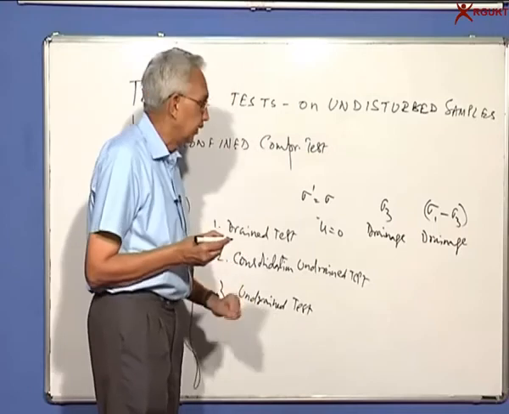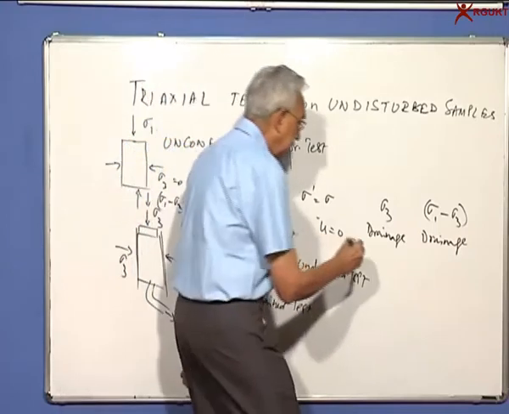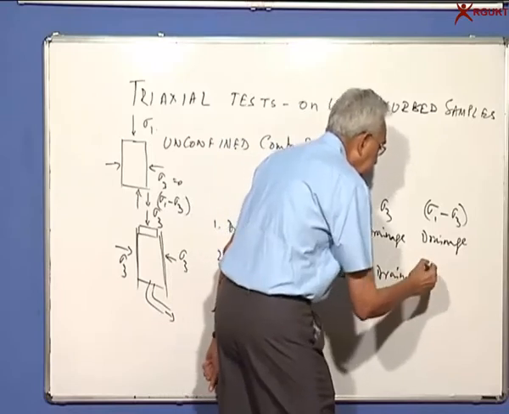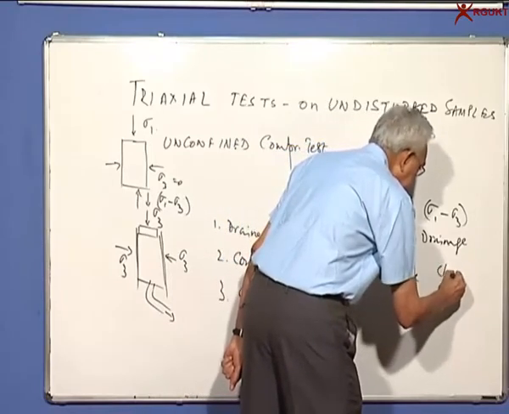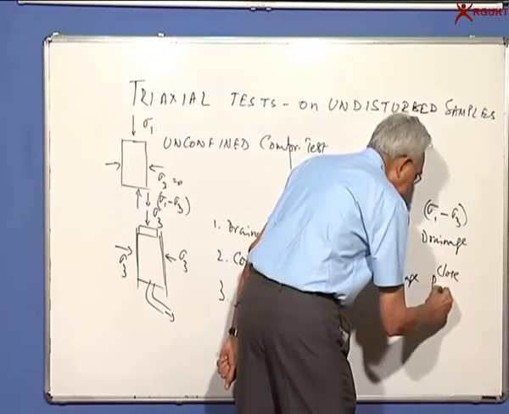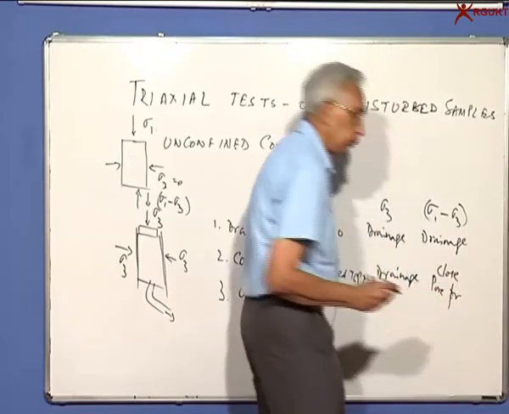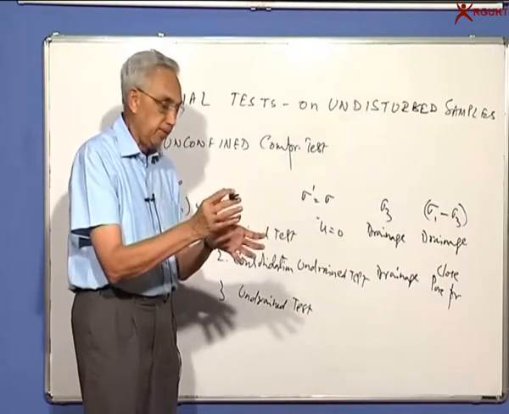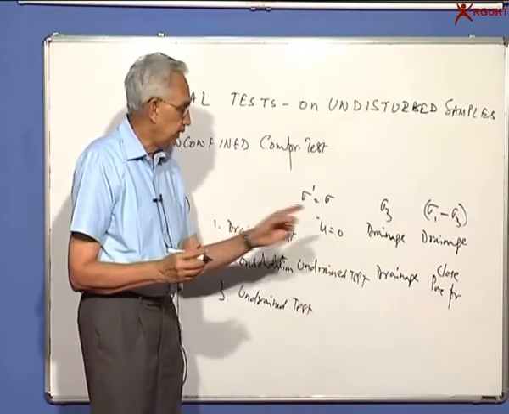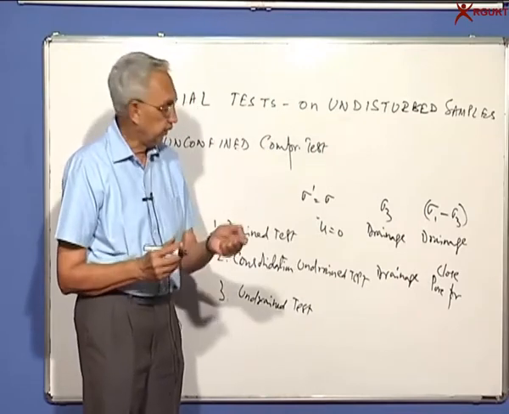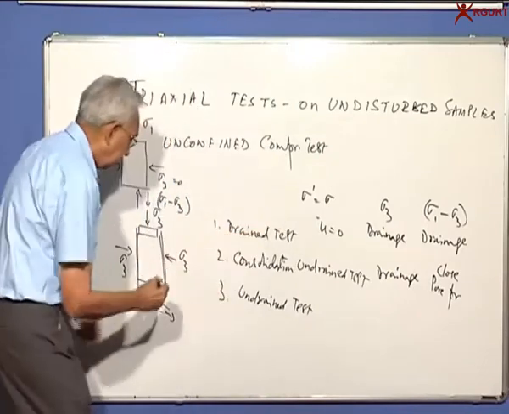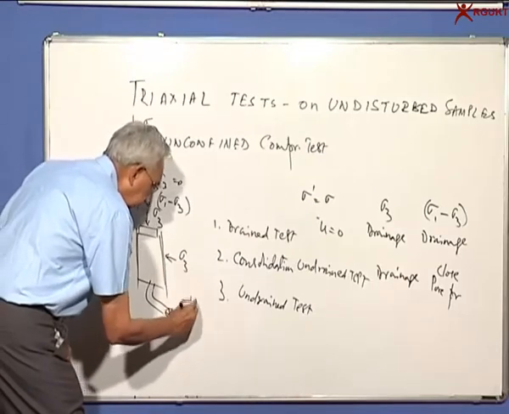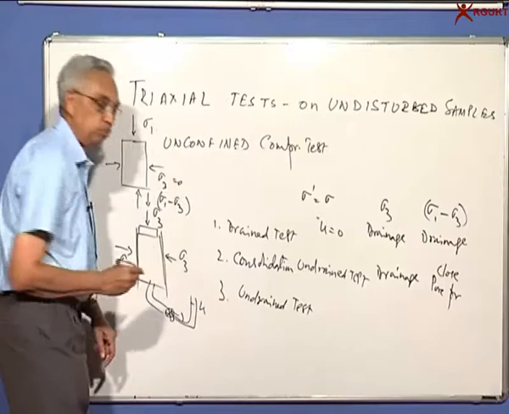In the second one, the consolidated undrained test, in the first part you allow drainage, and in the other case you close the drainage and measure the pore pressure. So you are consolidating the sample under equal all-round pressure, but when you apply the deviatoric stress, you close the valve and then you can measure. In the first stage you allow water, in the second stage you close and then measure the pore pressure.